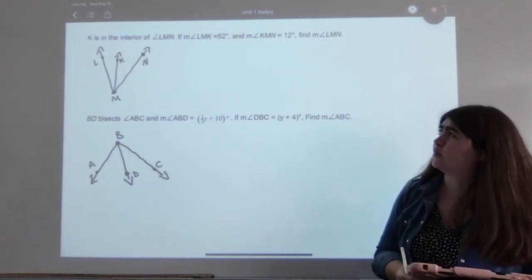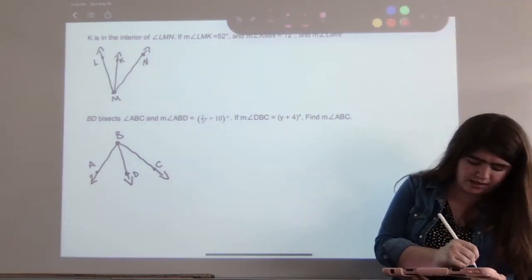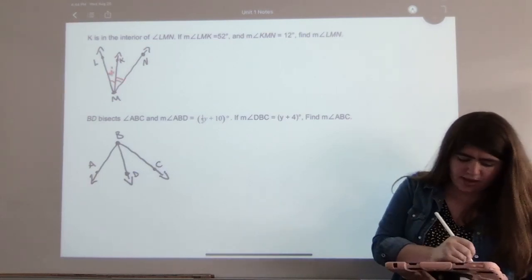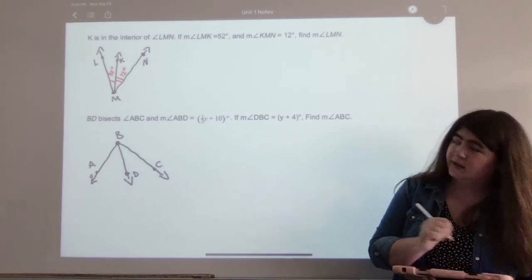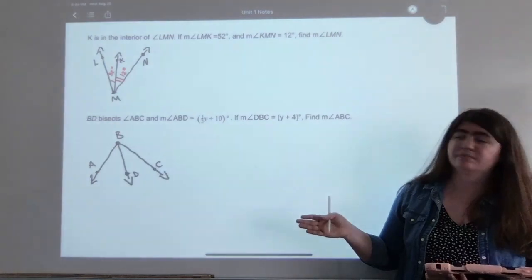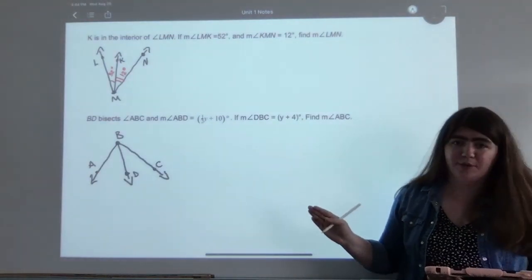So I'm going to label those. LMK I'm going to label as 52 degrees, and KMN is 12 degrees. Now that's obviously not drawn to scale. Just do the best you can and make sure you label it.